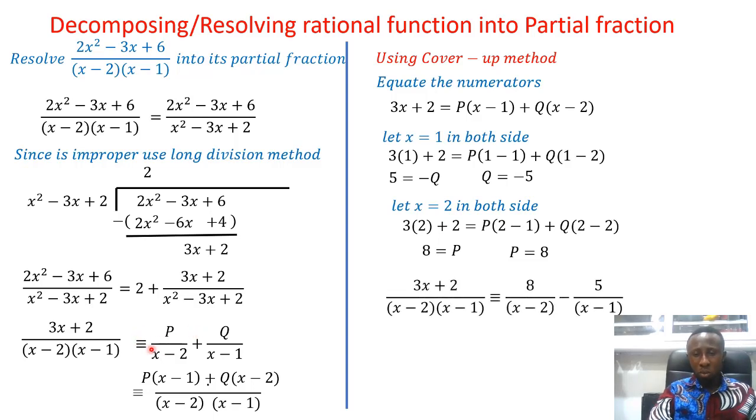So 3s plus 2 divided by s minus 2, s minus 1 is this. But this is not the final answer. If you just solved this part, this is the answer that you get.